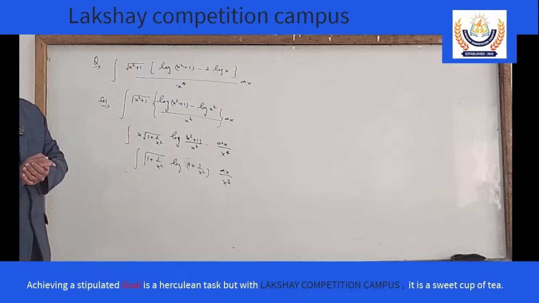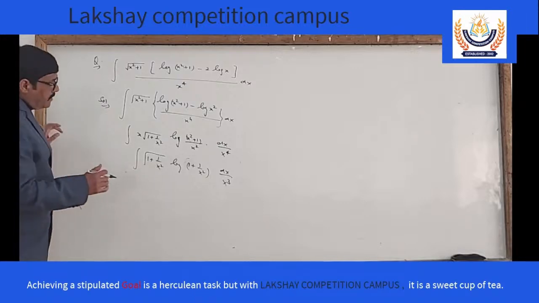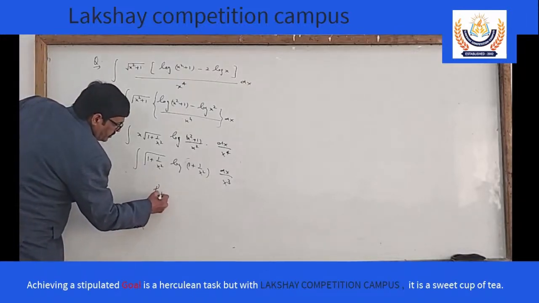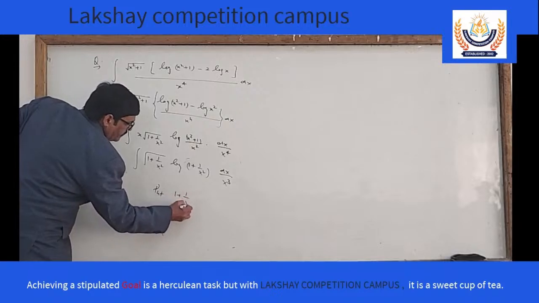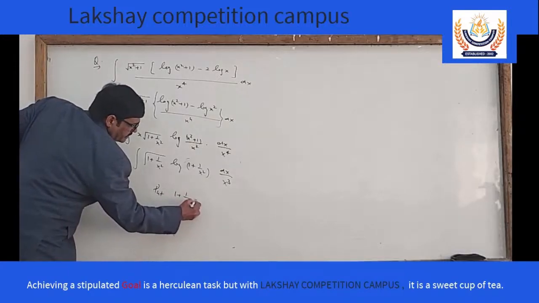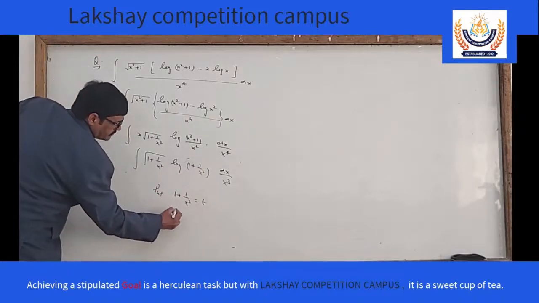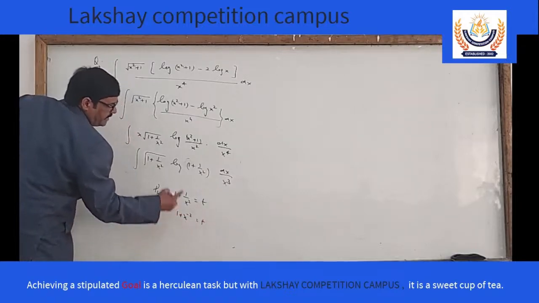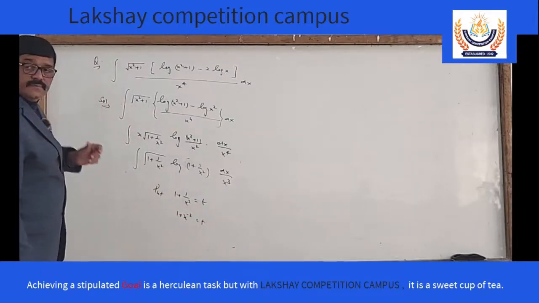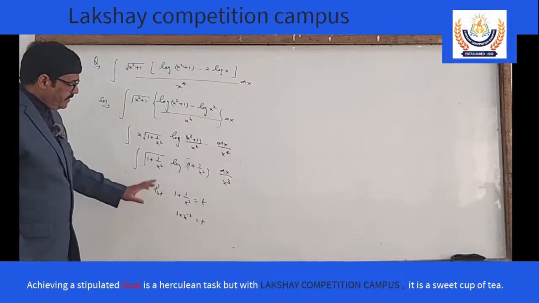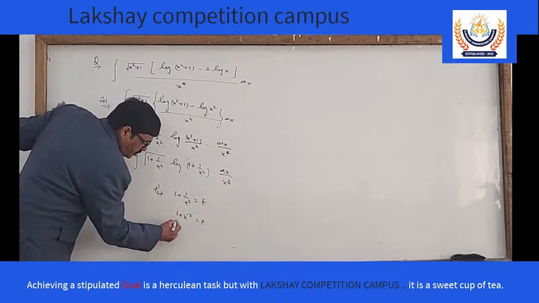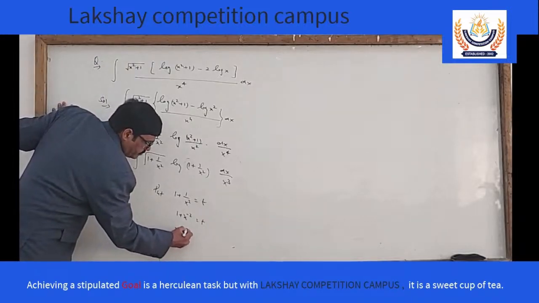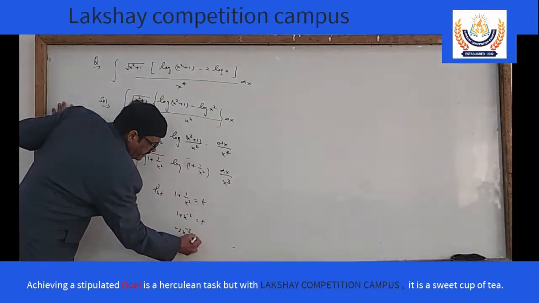And now what can we do? Using the substitution method, put 1 plus 1 by x square equals t. It means that is minus 2, that is t. What is the derivative of this? Derivative of 1 is 0. This is minus 2 by x cube, dx by dt.